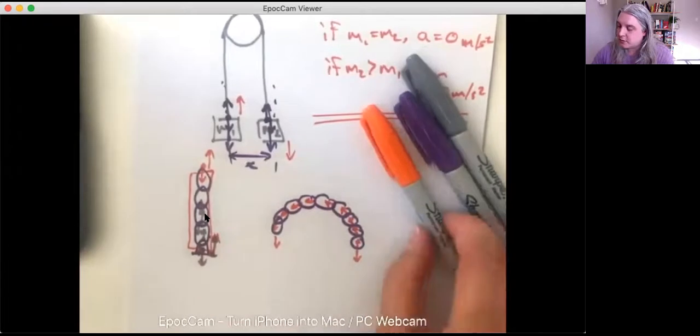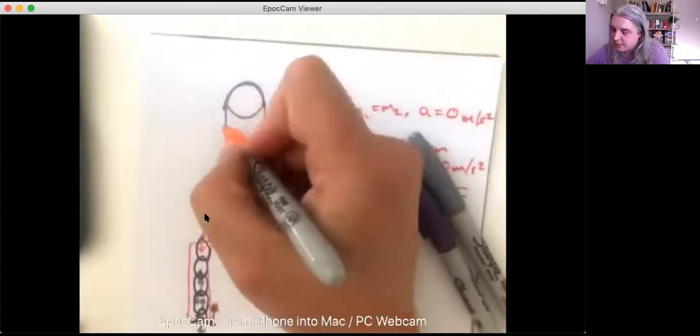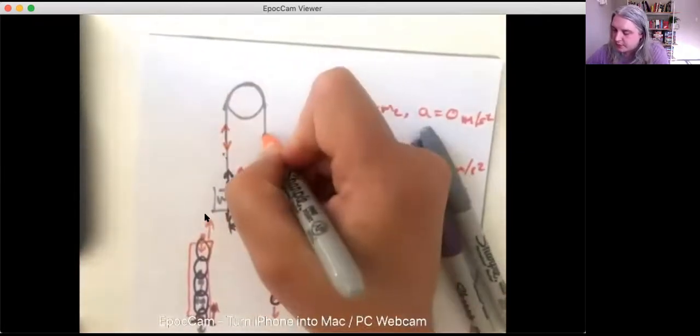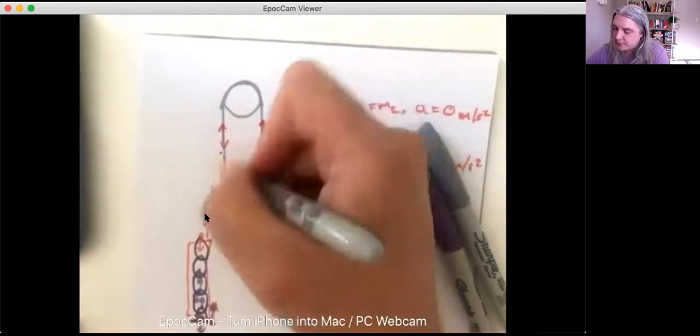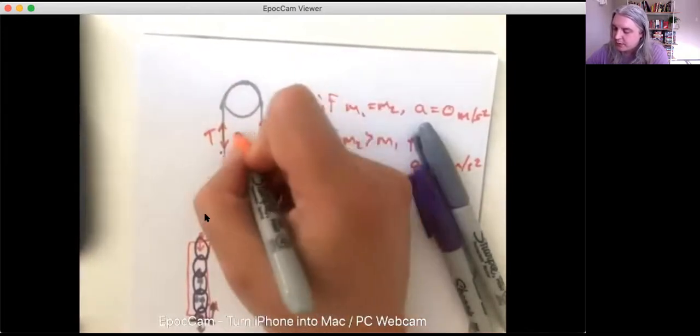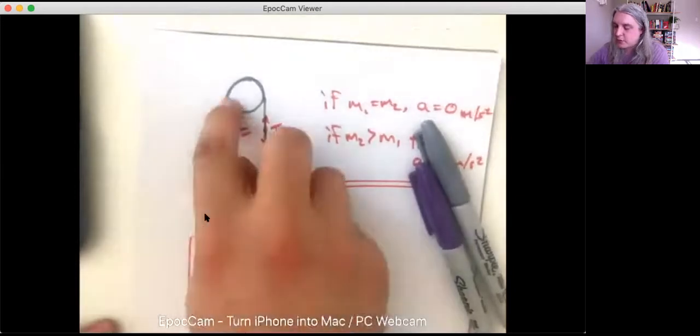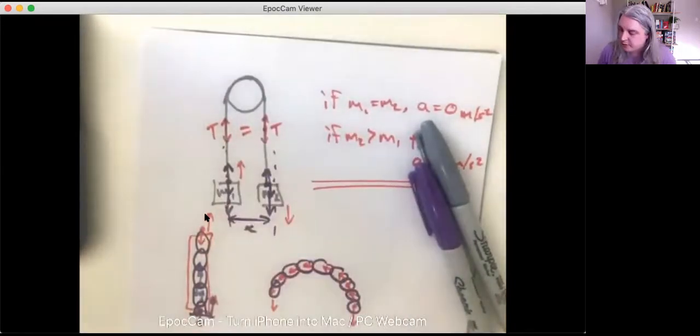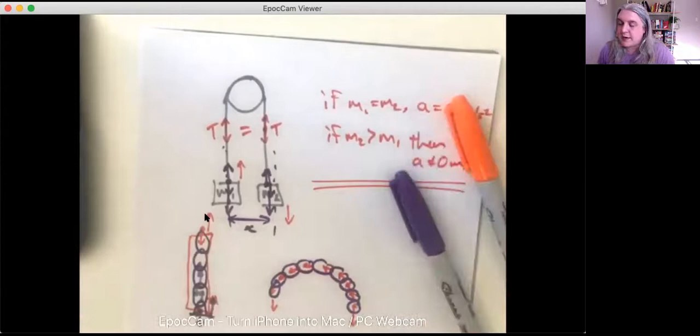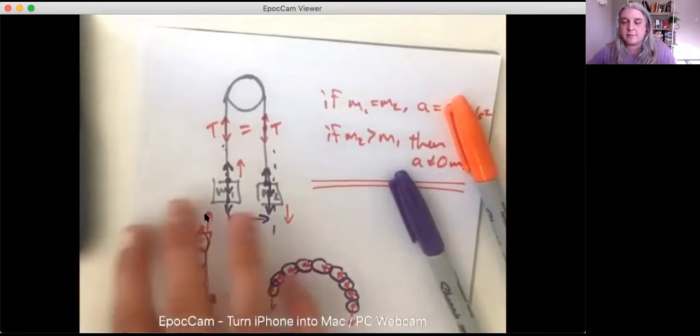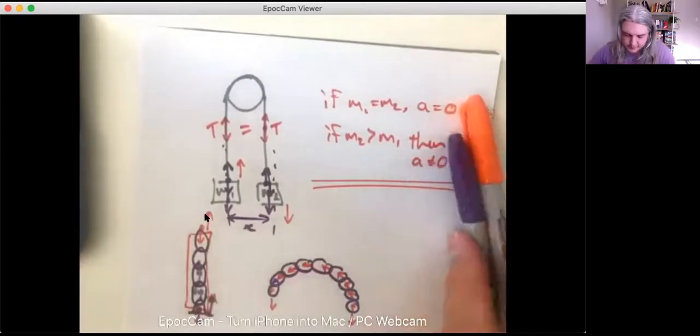So the tension on this side of the string is equal, and I can't say opposite because tension is both directions, the tension is equal to the tension on that side. This pulley just rotates it around. It turns it around by 180 degrees. So the upshot of all of that, you don't have to remember all this detail. If it didn't make sense, just forget about it.